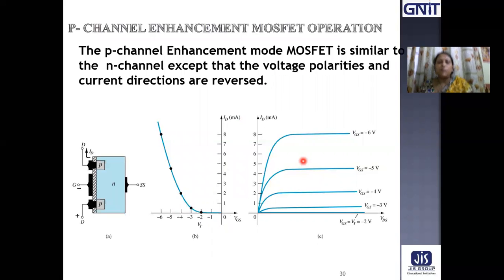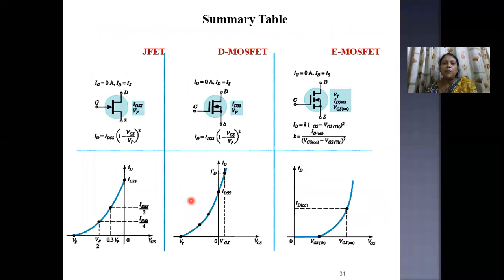But in this case, VGS is negative and ID is also negative. This is for the P-channel MOSFET.